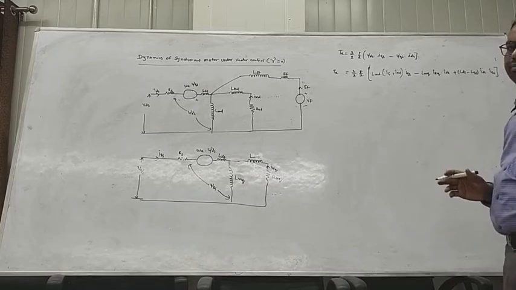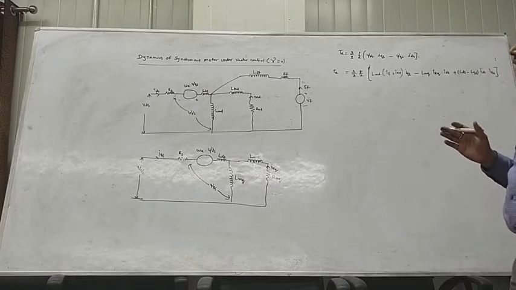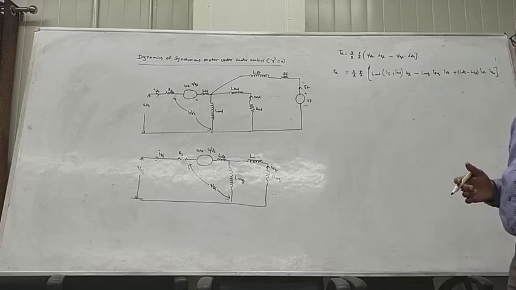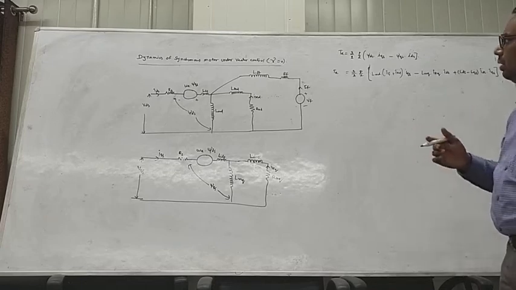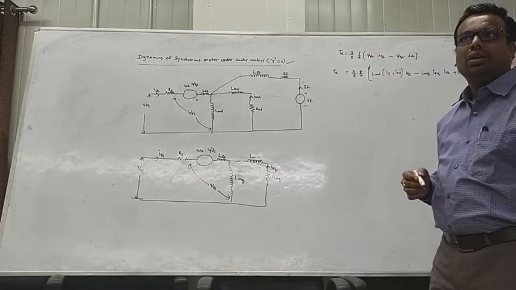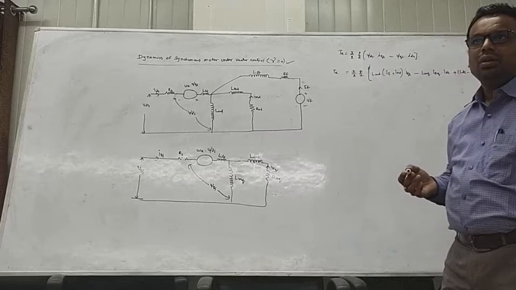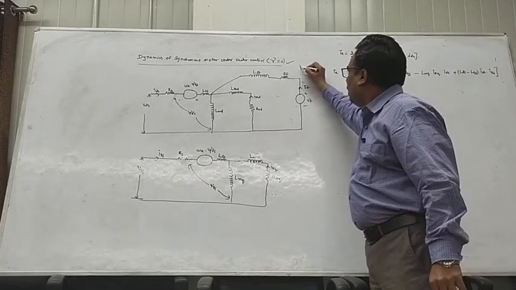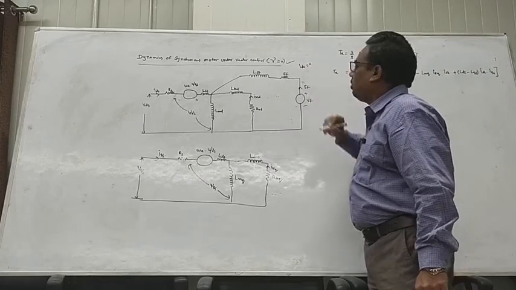So now we are trying to develop a synchronous motor under dynamic condition, and we are doing the vector control. When we are doing vector control, gamma is equal to 0, and the other condition is IDS is equal to 0.